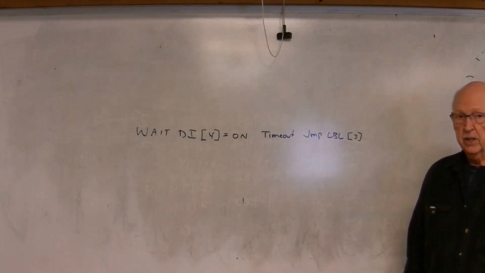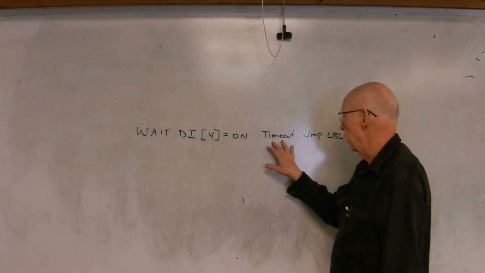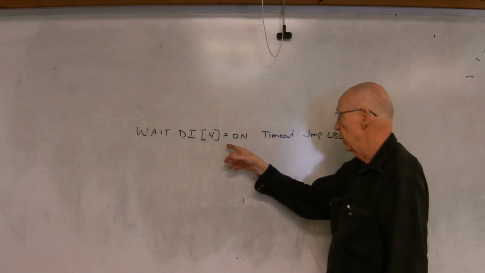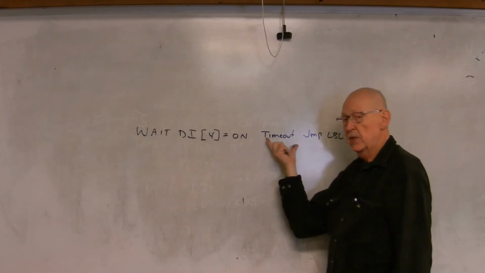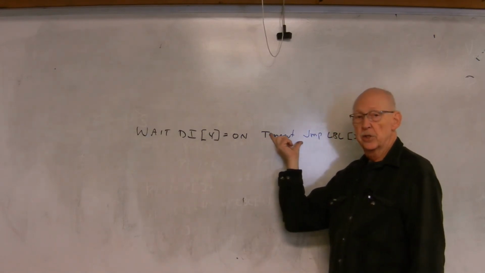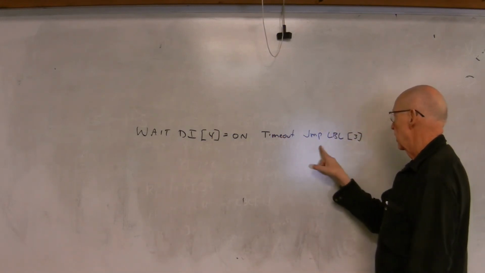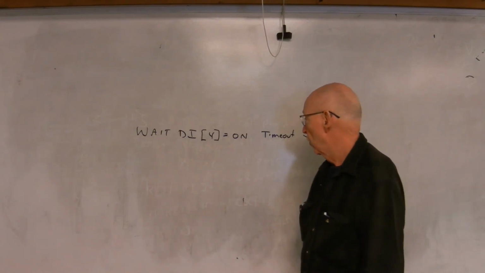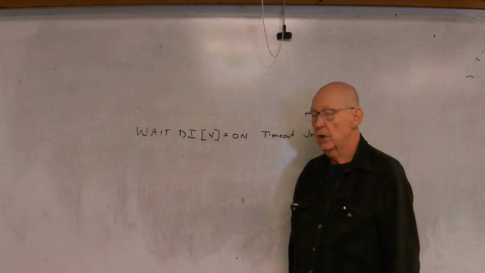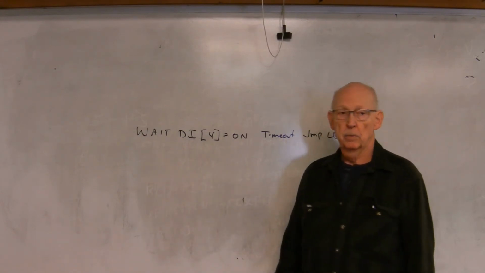You may not want to wait that long. And so it waits for the timeout period, and then if digital input number 4 doesn't turn on by the time the value of this time expires, it will jump to destination, in this case label 3, wherever you have that in your program. So this is another conditional jump, and it's based on the condition of digital 4.